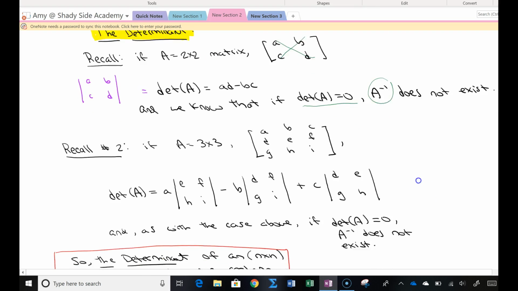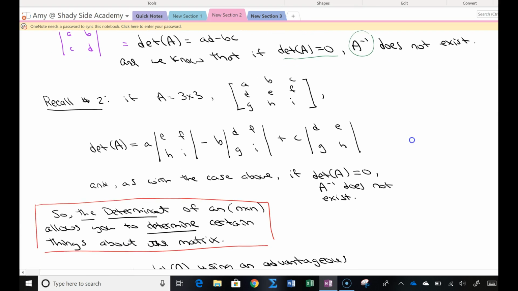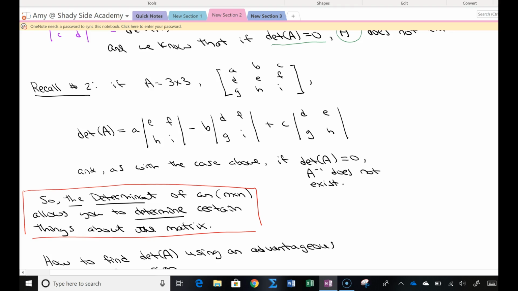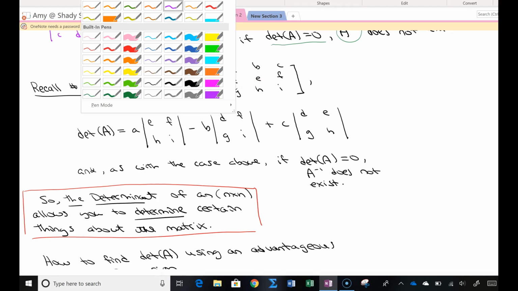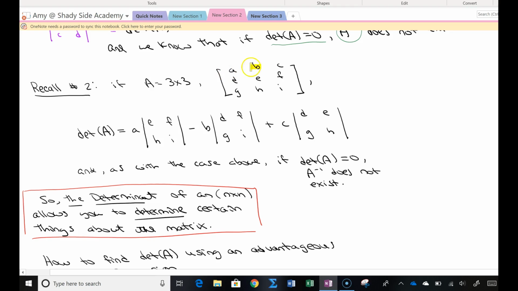Recall number 2 might be a little bit distant. We did this last year in multi when we needed to find a cross product of two vectors. If A is 3x3, the determinant of that 3x3 matrix is, you remember this, everyone? We ran across row 1, and I told you, if you run across row 1, make note that it goes plus, minus, plus, right?